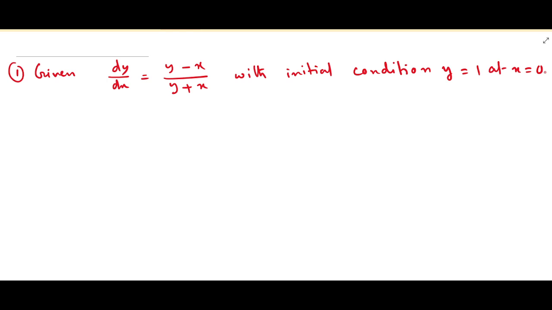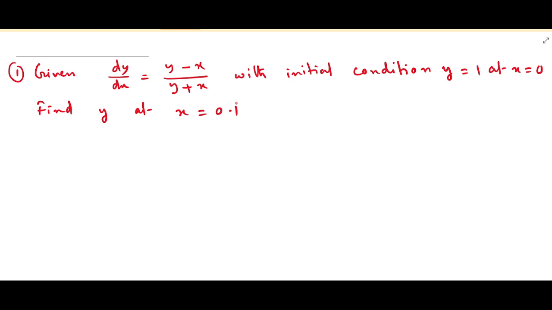So x naught equals 0 and y naught equals 1. Now what to find? Find y at x equal to 0.1. So at this particular point we have to find the value of y.